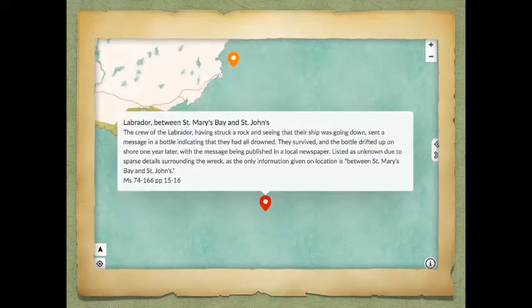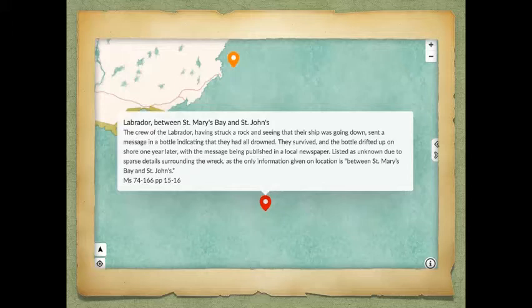Oh yes, and then there were stories that I included just because they were interesting, just because they were found amongst the legend cards to do with ships and shipwrecks, and they were so gripping that I decided to include them anyway, such as the crew of the Labrador. When their ship was damaged, when they struck a rock and the ship was going down, they put a message in a bottle basically saying that they had all drowned, and as a farewell to people ashore.